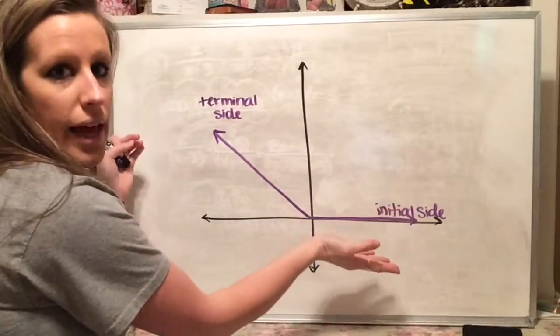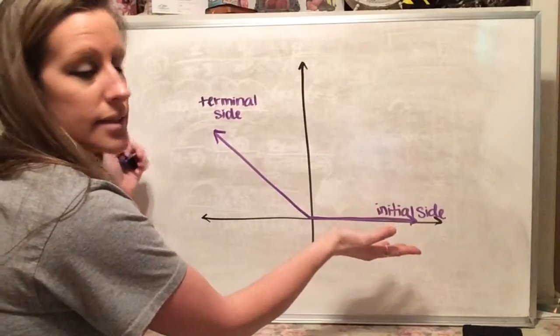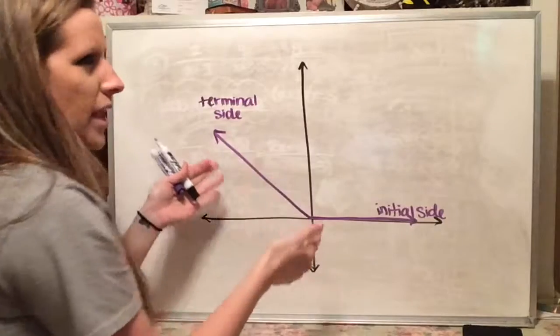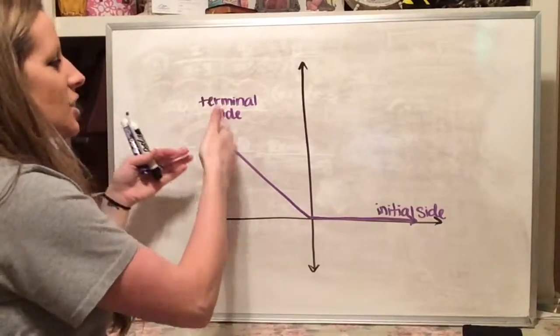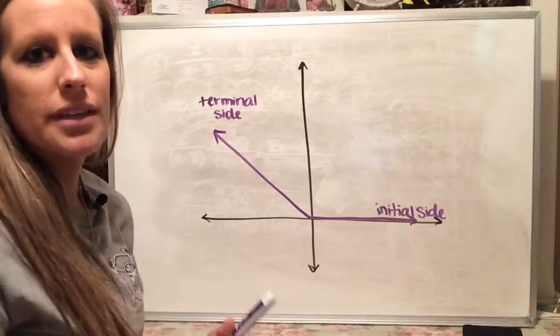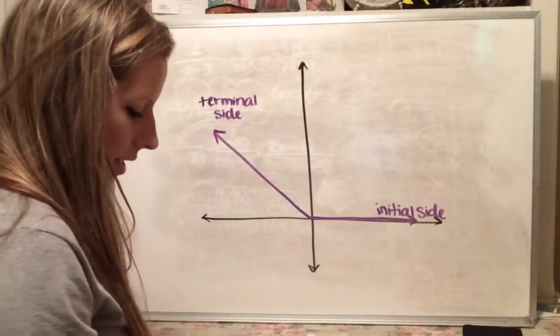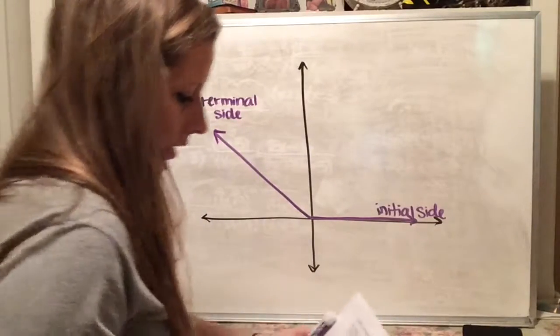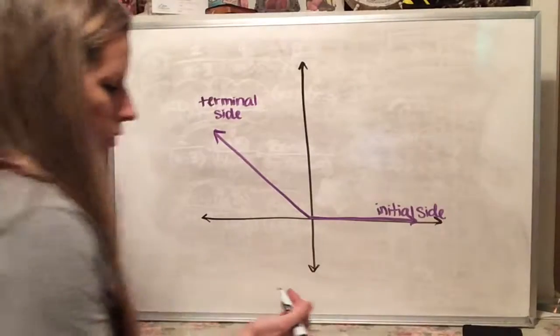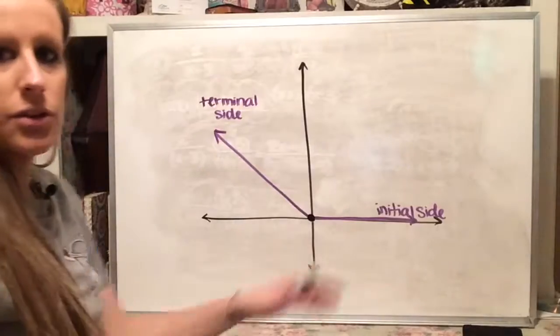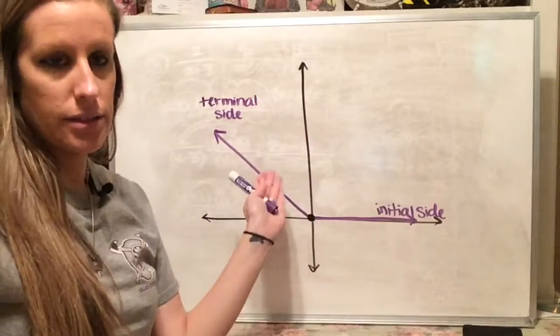So our initial side will start always on the x-axis, and then it'll go until it hits the end of that angle, of course. But that's called your terminal side. Terminal means end. So that's your end side. Your vertex will always be at the origin here. So it's going to rotate around your axis.